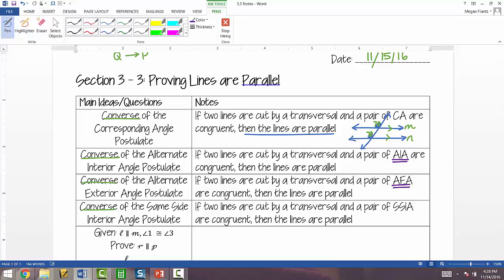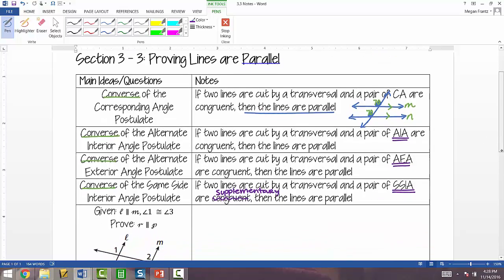Now, same side is our only different one, so this one looks a little different. And this says if two lines are cut by a transversal and a pair of same side interior angles are, oh wait, this is a typo, are supplementary, then the lines are parallel.